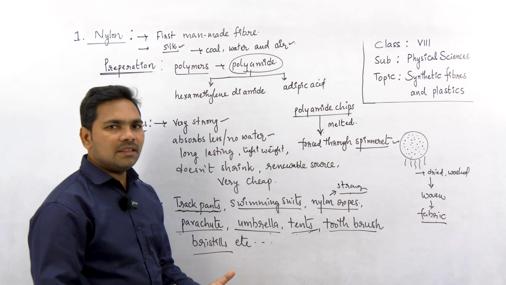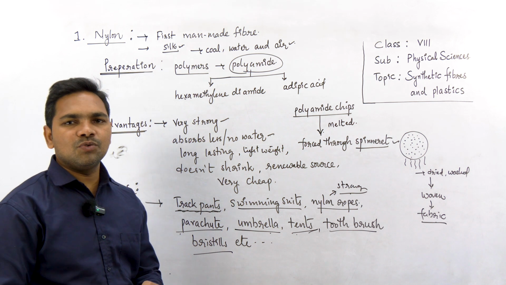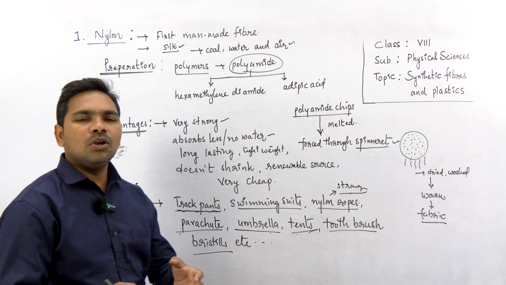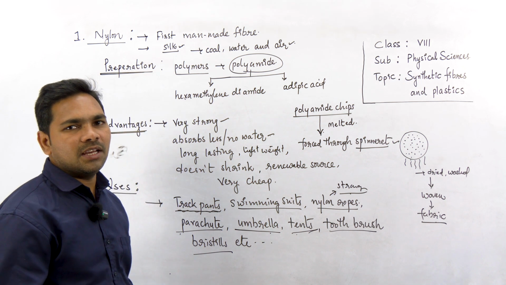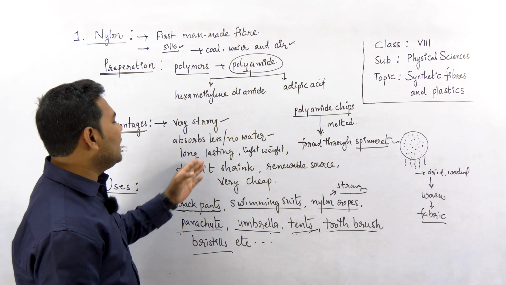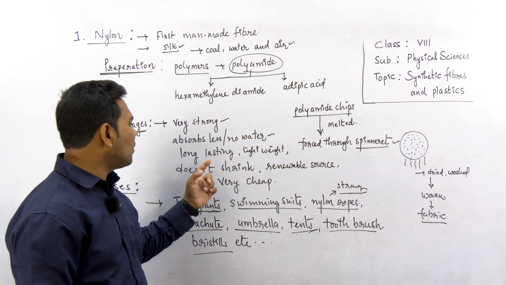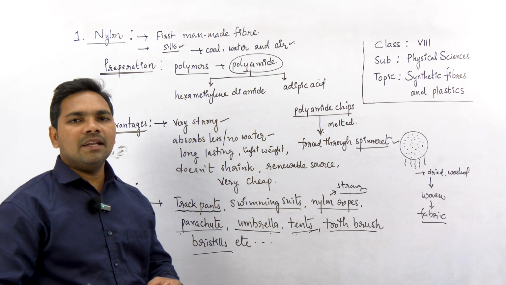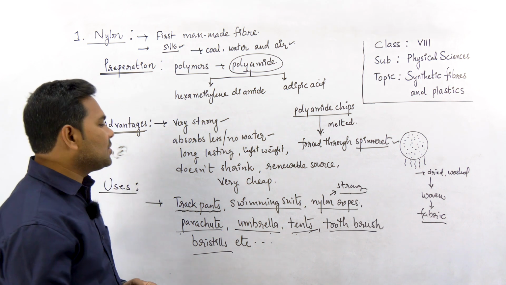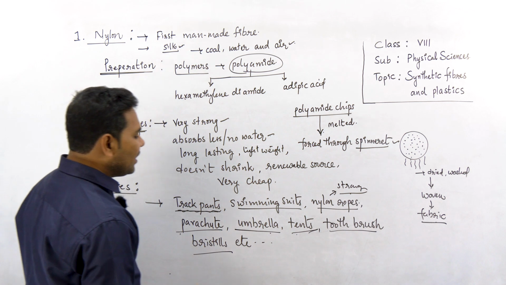If any fiber absorbs water, on drying it loses its strength, becomes very weak, and breaks easily. Whereas nylon absorbs very little or no water, so it dries much faster, lasts so long and stays very strong.